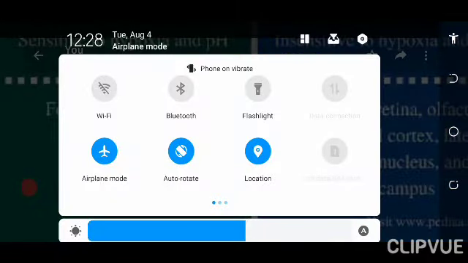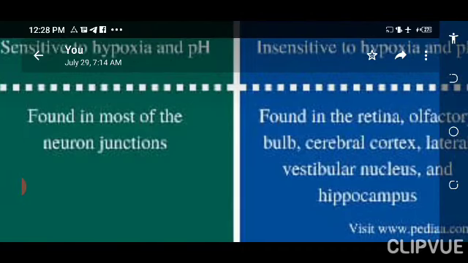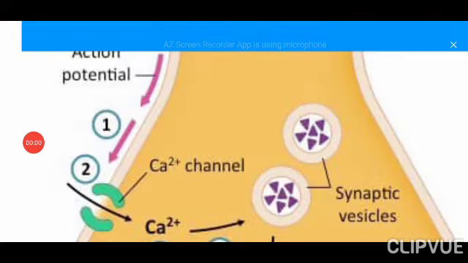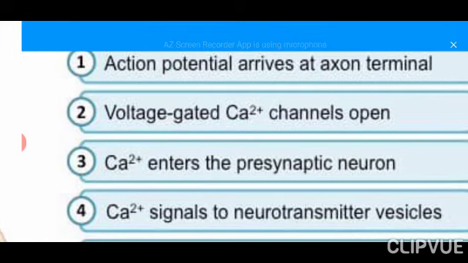Then the next thing we are going to talk about is the process of transmission. Steps involved in synaptic transmission are as follows. Number one, we have arrival of action potential at the axon terminal. Number two, opening of the voltage-gated calcium channels.